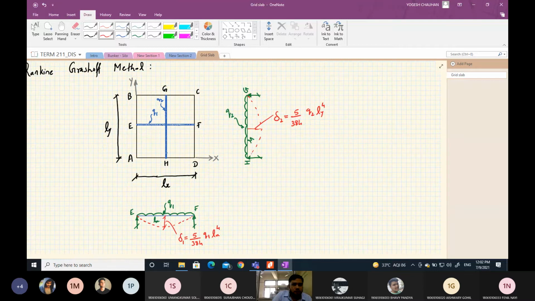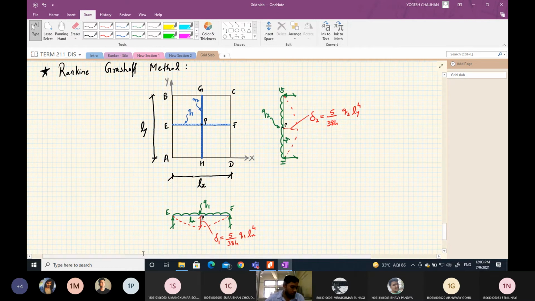Okay. Now let us say this point is P, which is the center of this slab. So this deflection is actually at the P point, and this is also at the P point.